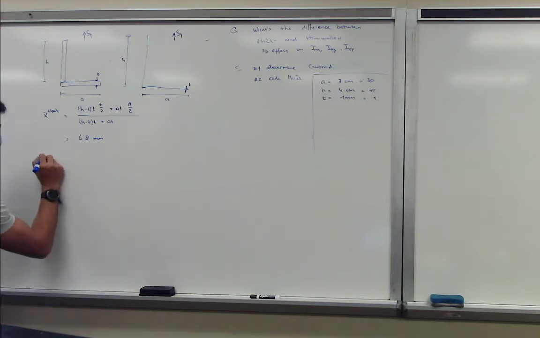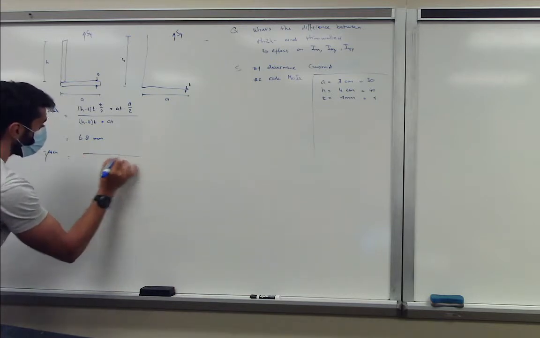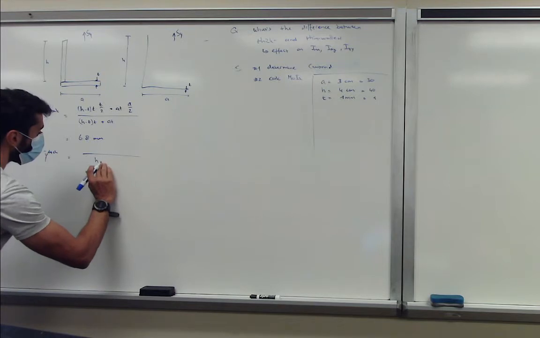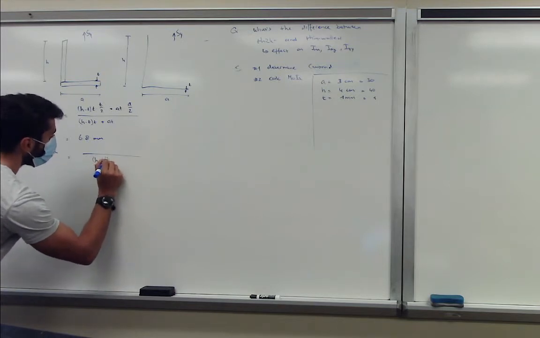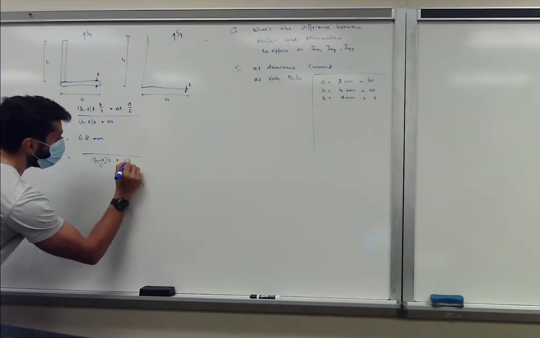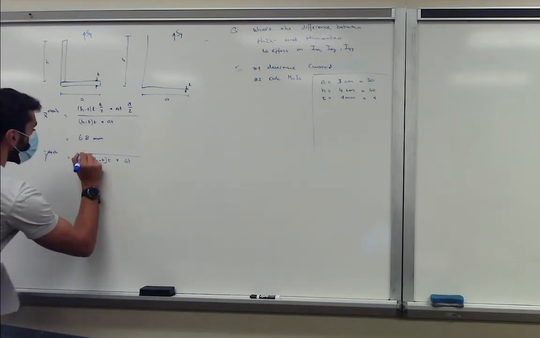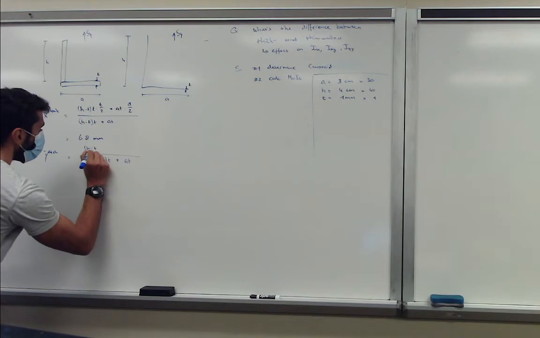We repeat the same for the thickness, the thick weld, and then y. So we know the denominator basically remains the same. It's h minus t multiplied by t plus at. And the numerator will be h minus t multiplied by t.